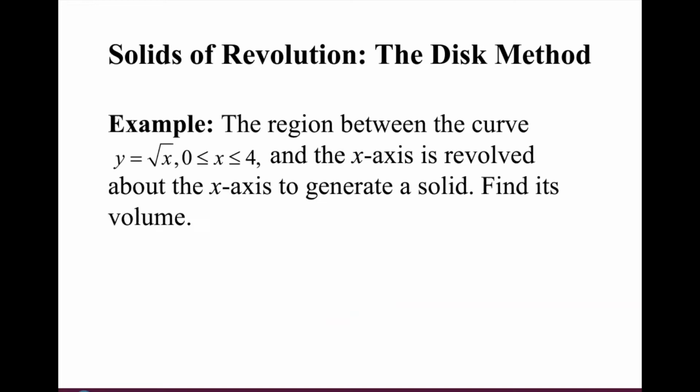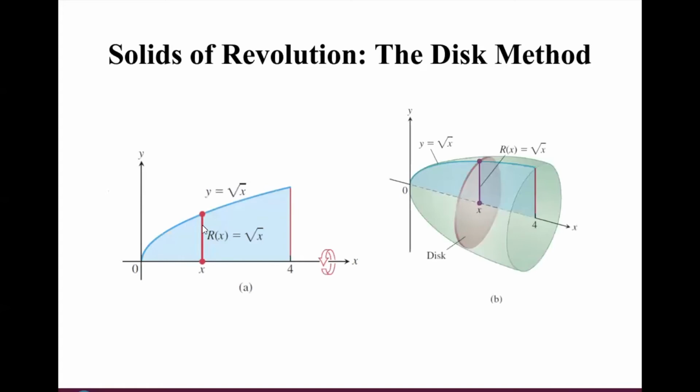between 0 and 4, and the x-axis is revolved about the x-axis to generate a solid, and we want to find the volume of this solid. The first step is we're going to sketch that region, and the region looks like this. Now imagine revolving this region about the x-axis. It's been quite a while since I've taught Calc 3.